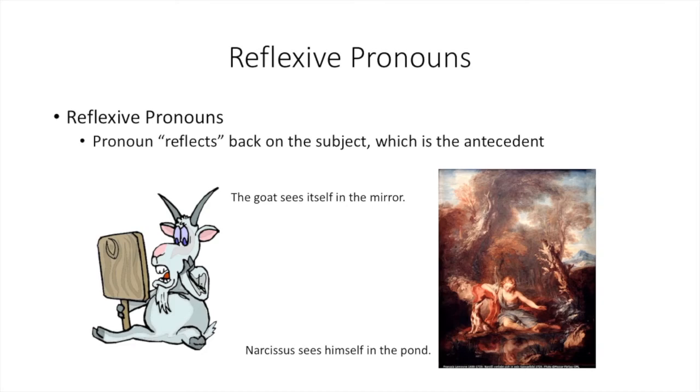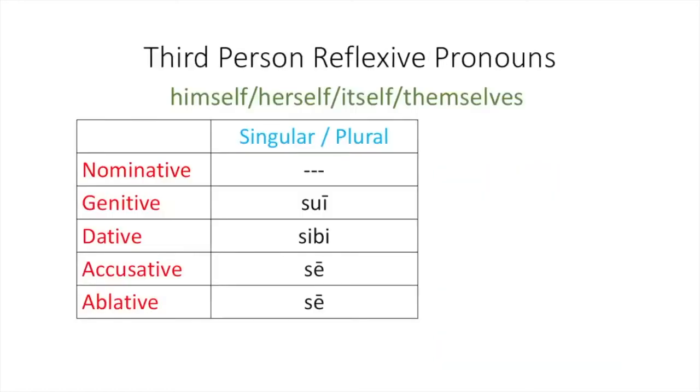We'll take our number from the subject for our third person, and then the case from however it's being used in the sentence. So that means for the third person, we only have one reflexive pronoun for both singular and plural and for all three genders, because you understand the gender and number from the subject that you're translating with.